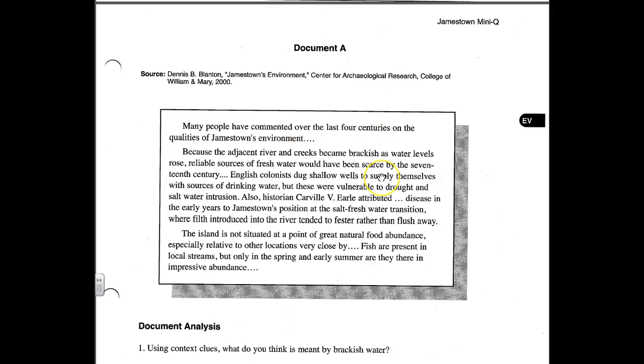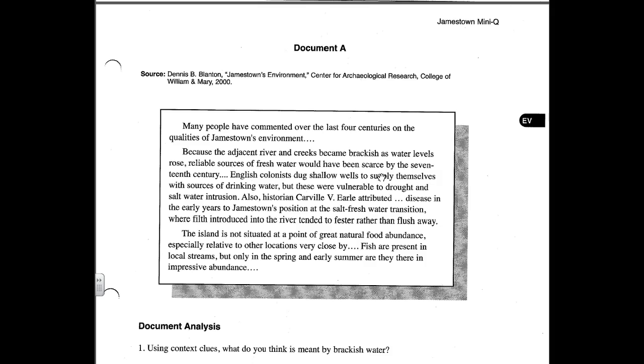Now, some other notes before we begin to attack the questions below the document. The first Jamestown colonists located their settlement on the James River, 60 miles from the mouth of the Chesapeake Bay. The reason they did this, they wanted it to be far enough away from the bay to discourage a Spanish naval attack, while still being in deep enough water to be reachable by English supply and trade ships coming from England.